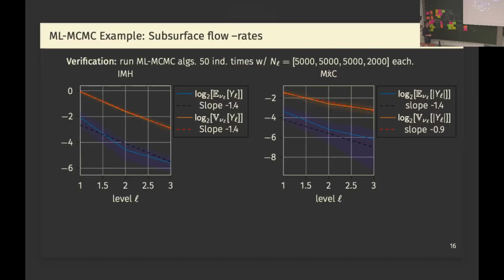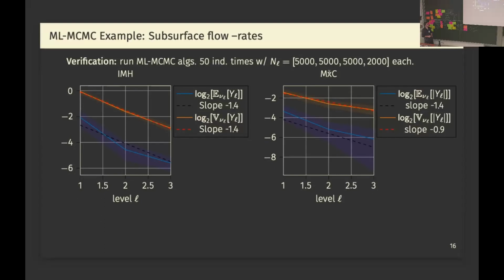Given this, we can also estimate the rates in this complexity result, so alpha, beta and gamma, and we have them here for both IMH and MXC. As we can see, for both methods we get more or less the same rate for this decay on the means.